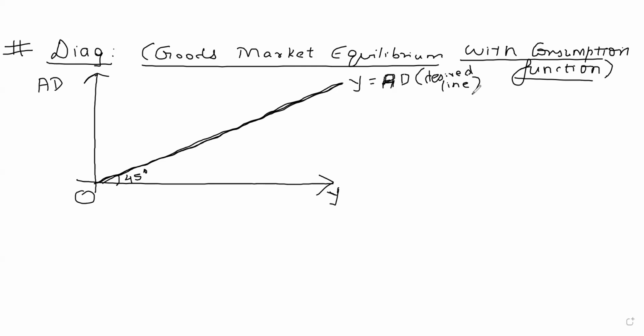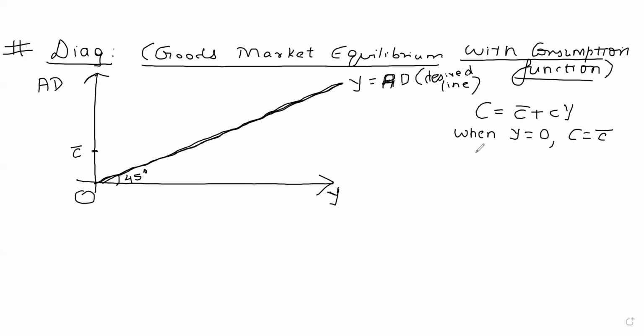But what is our actual aggregate demand? Remember, we don't have investment and government expenditure. We are assuming that there is no investment and government expenditure as of now. We are keeping the model simple. Aggregate demand is coming only from consumption. So my actual aggregate demand is exactly equal to the consumption function. How do I plot the consumption function? My consumption function is C bar plus cY. So when Y is 0, my C is equal to C bar, some autonomous level of consumption.